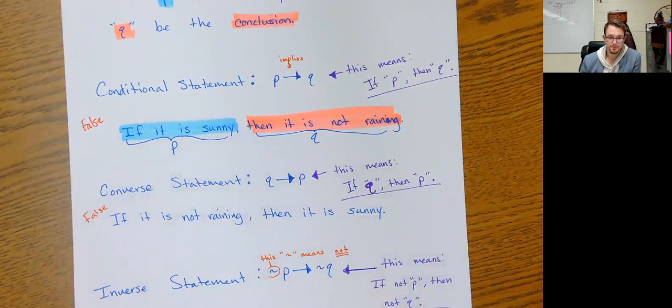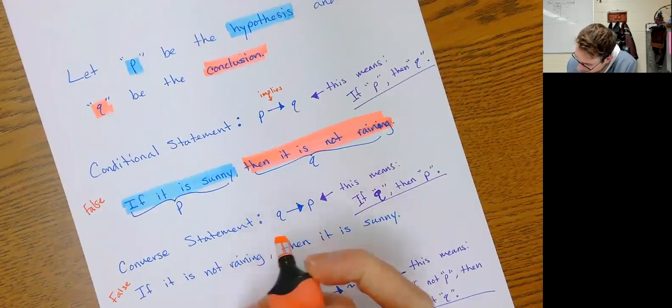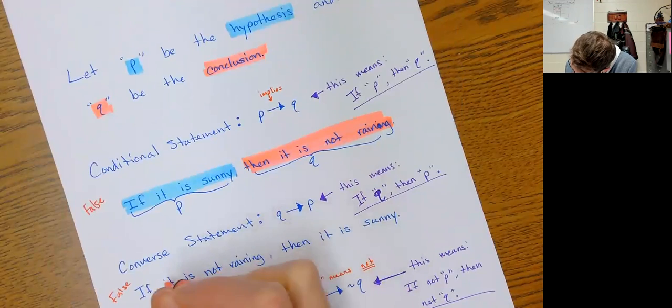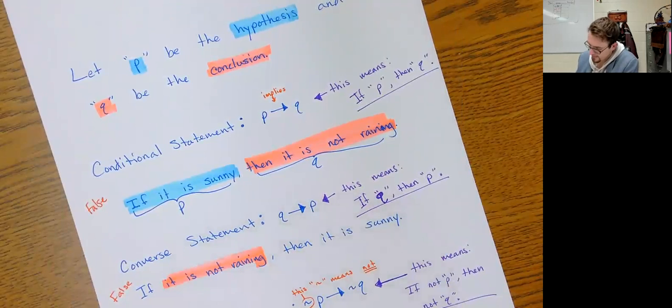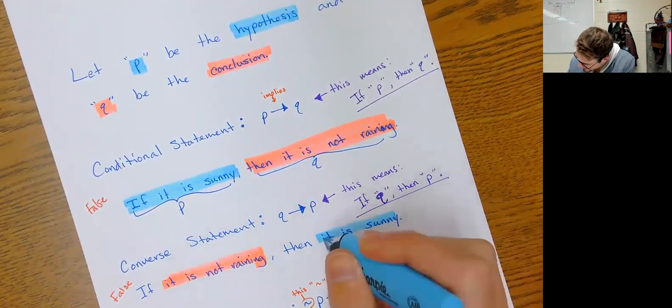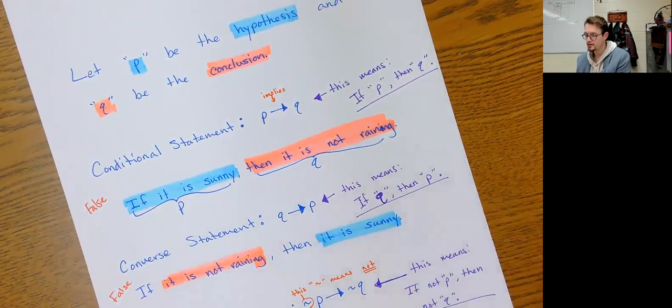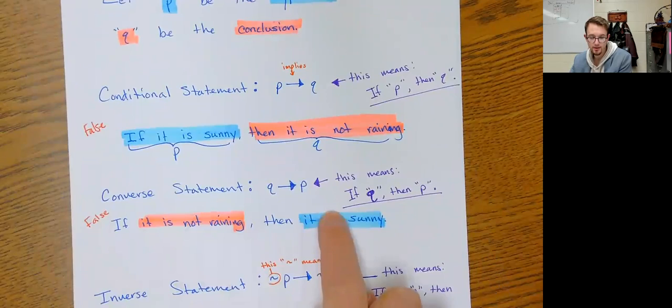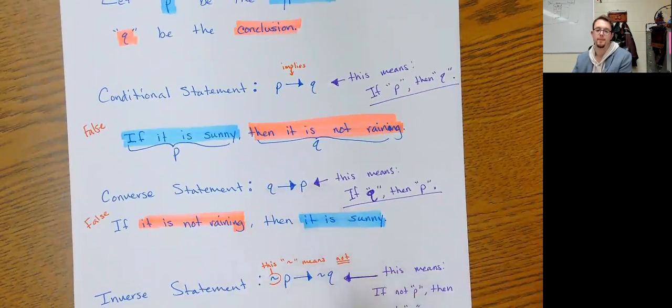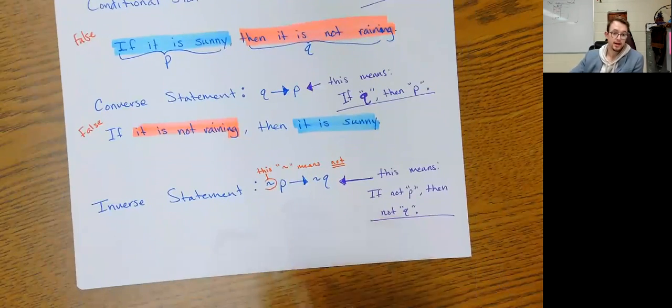So that's false. Now, important, remember this was actually Q, and this was P. So we did if Q then P. Well, what's an inverse statement?